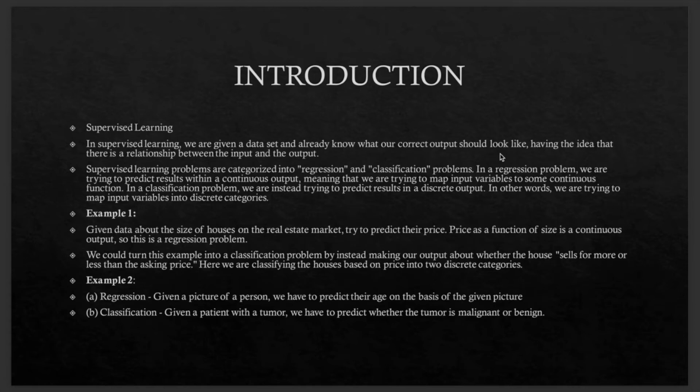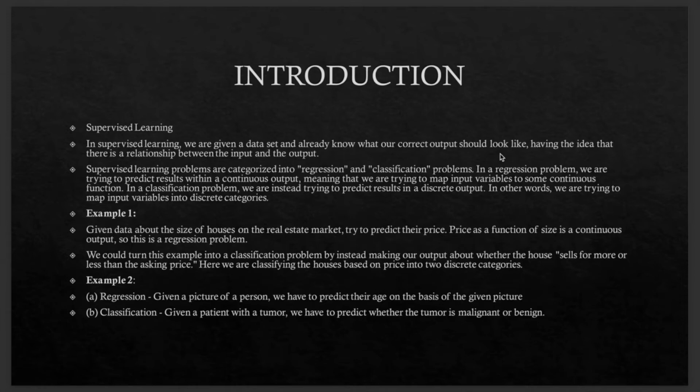In supervised learning we are given a data set and already know what our correct output should look like. That's our pictures of defective coffee mugs, in our case, when we want to develop an algorithm to detect the defective coffee mugs.